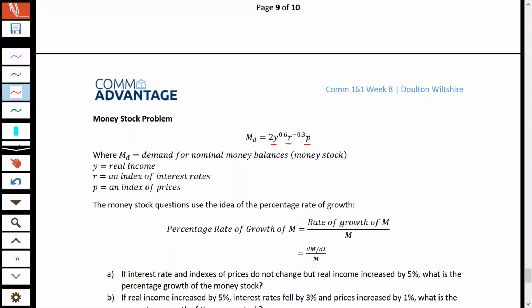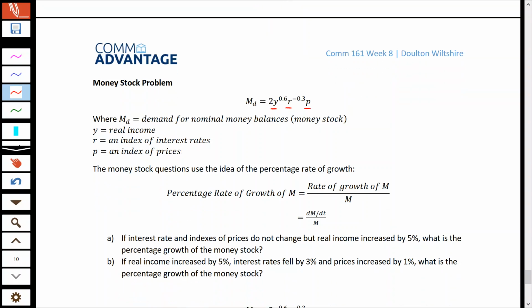What they might not give you is the definition of percentage rate of growth. This is very important. Percentage rate of growth is the derivative with respect to time divided by the variable.